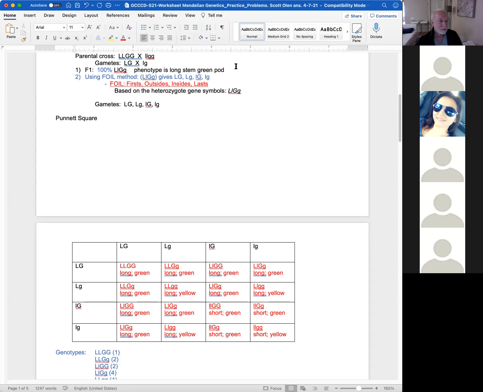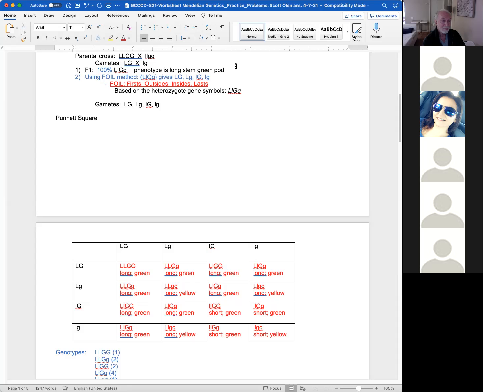If you have two homozygous parents, one homozygous dominant, one homozygous recessive, all of the offspring of that generation will be 100% heterozygotes. So those are some shortcuts you can know and use in these types of problems. You don't even have to do a Punnett square. You just know that homozygous dominant crossed with homozygous recessive will give you 100% heterozygotes in the F1 generation.